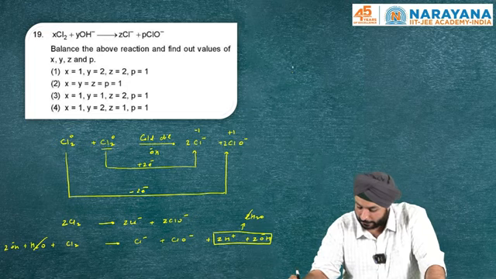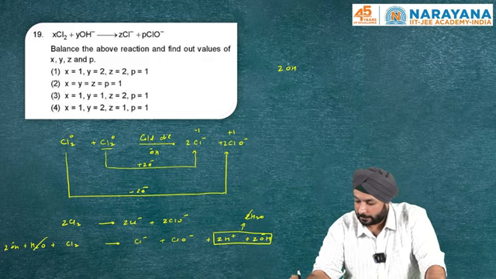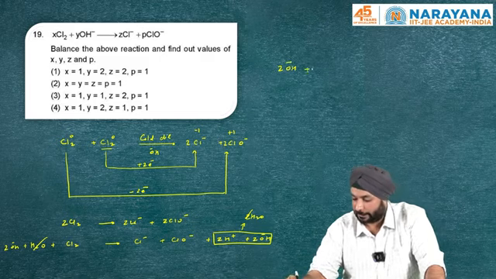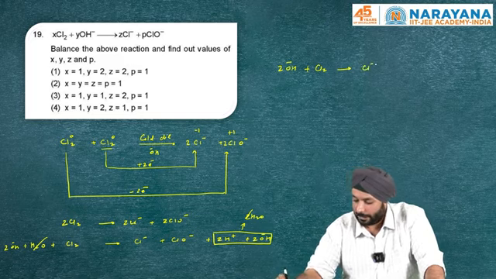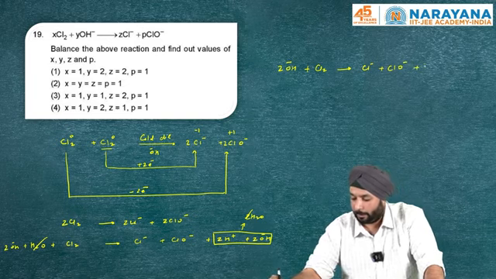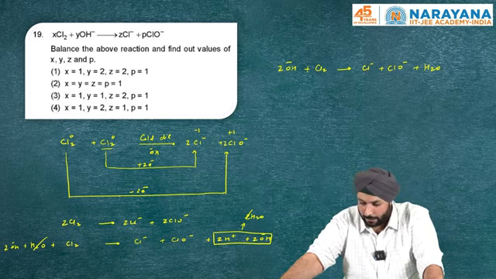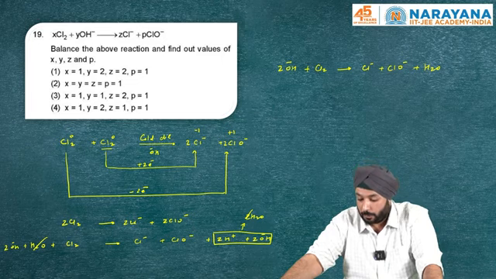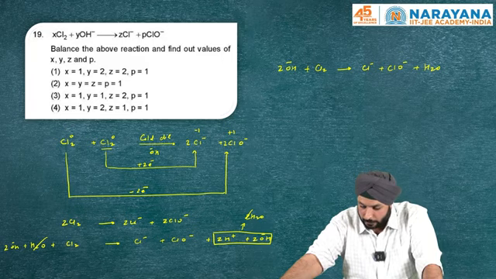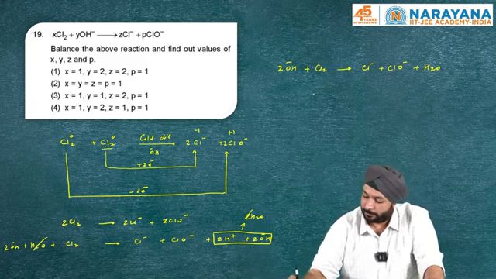So you will get a reaction here: 2 OH minus plus chlorine gives Cl minus, ClO minus and a water molecule. Now we'll see what he is asking actually. X is equal to 1, clearly Y is equal to 2, Z is equal to 1, P is equal to 1. So answer is 4.